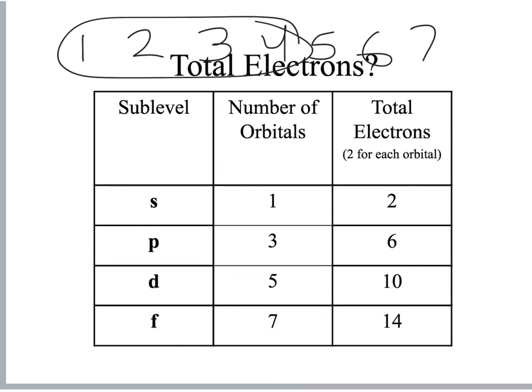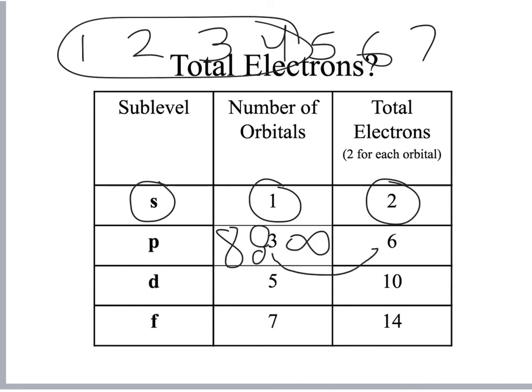Remember, energy level 1 has one sublevel. It has an s. And in s, there's only one shape, a circular shape, so it can hold up to 2 electrons. The p orbitals have 3 different shapes: up, down, side to side, front to back. So those 3 shapes times 2 electrons each will give you 6 total that it can hold. The d sublevel has 5 different orbitals, meaning 5 different shapes.